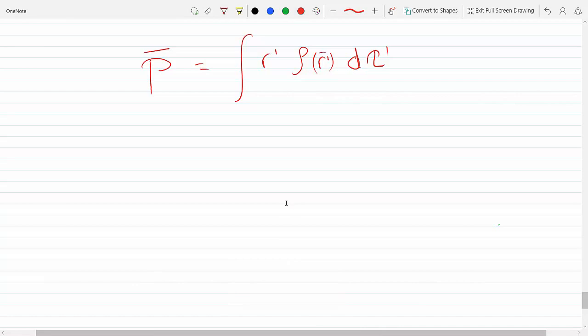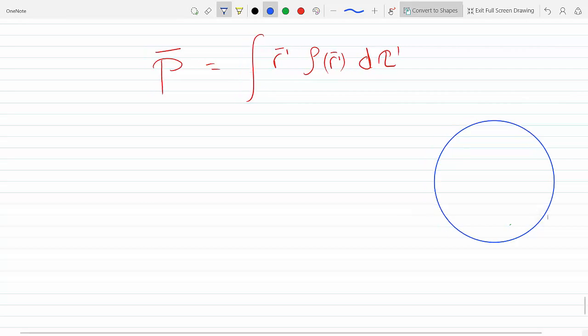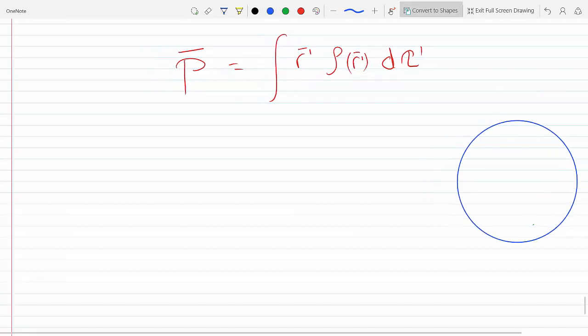So these, of course, are vectors here. And keep in mind in this question, we do have symmetry because we have a shell, and glued on this shell is some charge distribution, sigma 0 cosine theta.